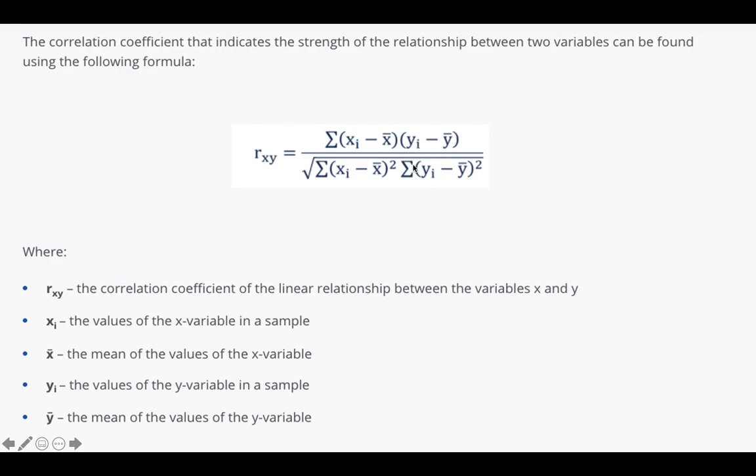First we have to find that. And in the denominator also, we have to take the x value minus the x mean and square it, then add. Similarly we take y minus the mean of y, then square, then add all the values. So that is what we have to do.